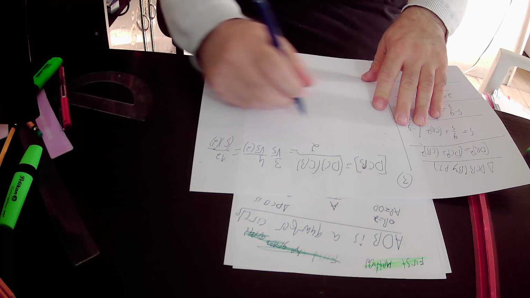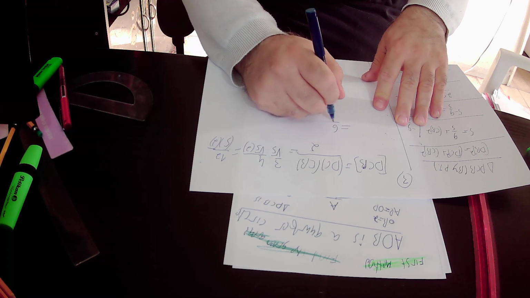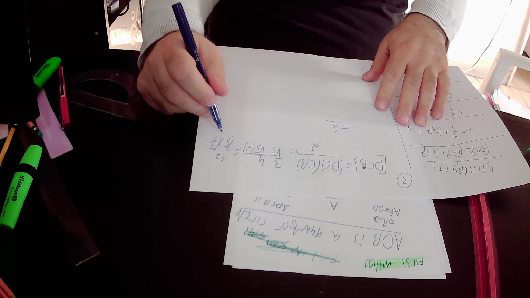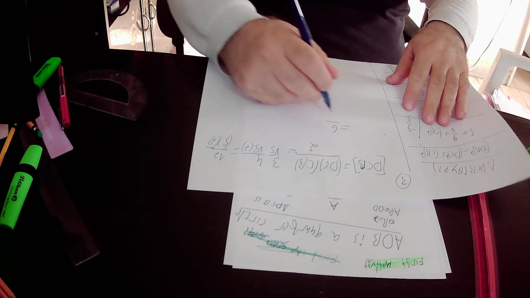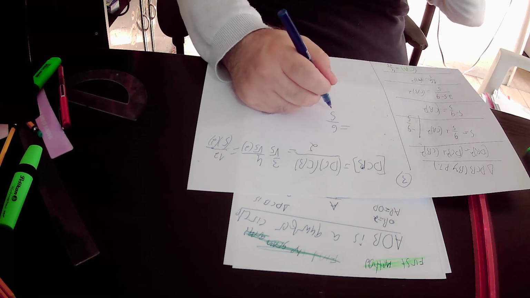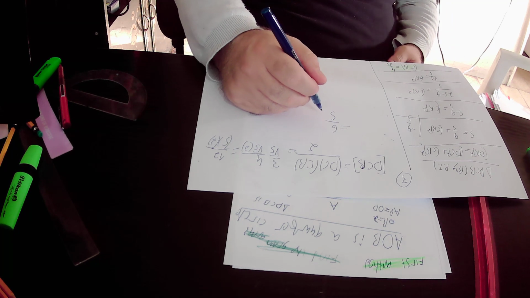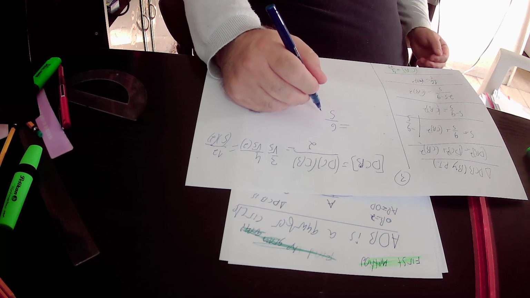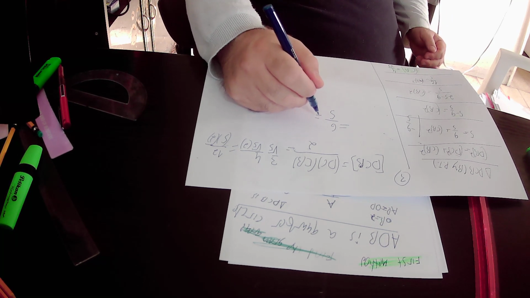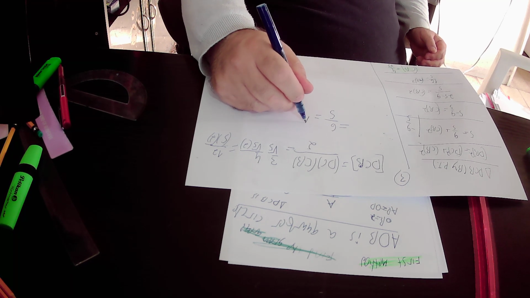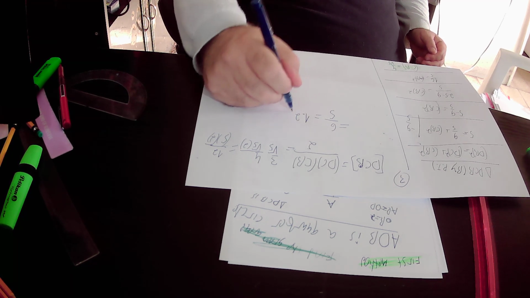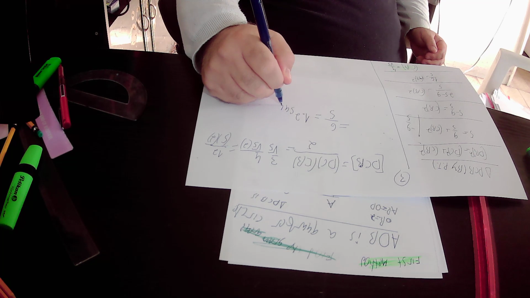12 over 2 is 6. So in the numerator we have 6. In the denominator we are left only with 5. So in conclusion, we found out that the area of the blue right triangle DCB equals 6 over 5 square units, or in terms of numbers, it is equal to 1.2 square units. Okay.